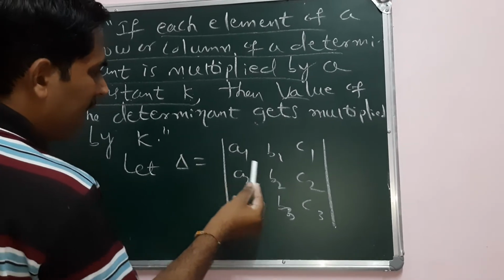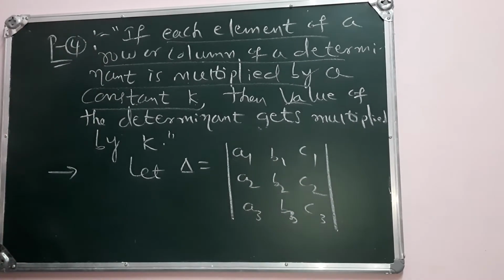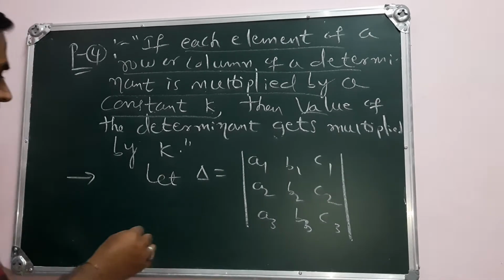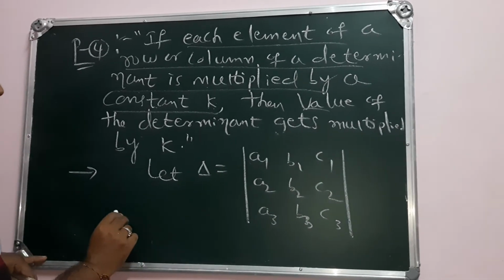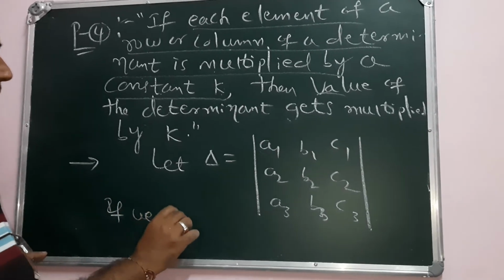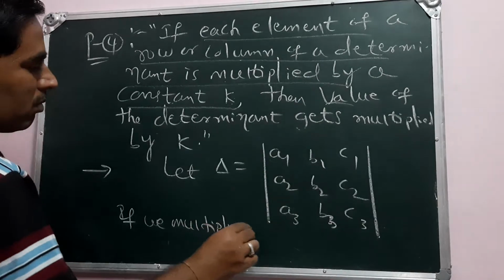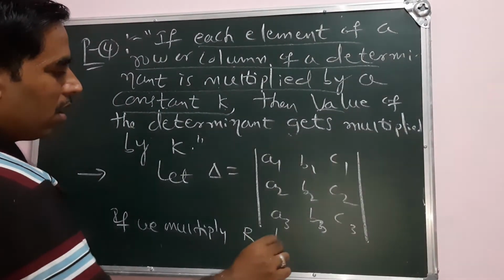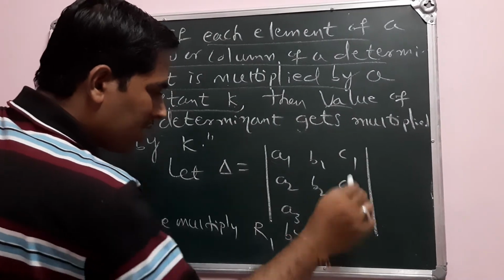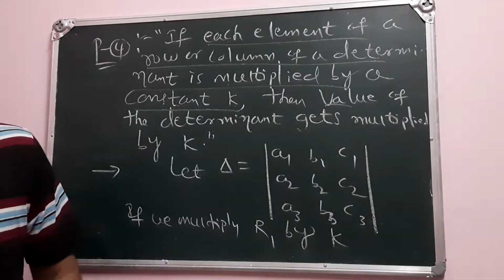If I multiply any row or column by a constant, then value of the determinant gets multiplied by that constant. So if we multiply first row by, say, some scalar k, then what happens?